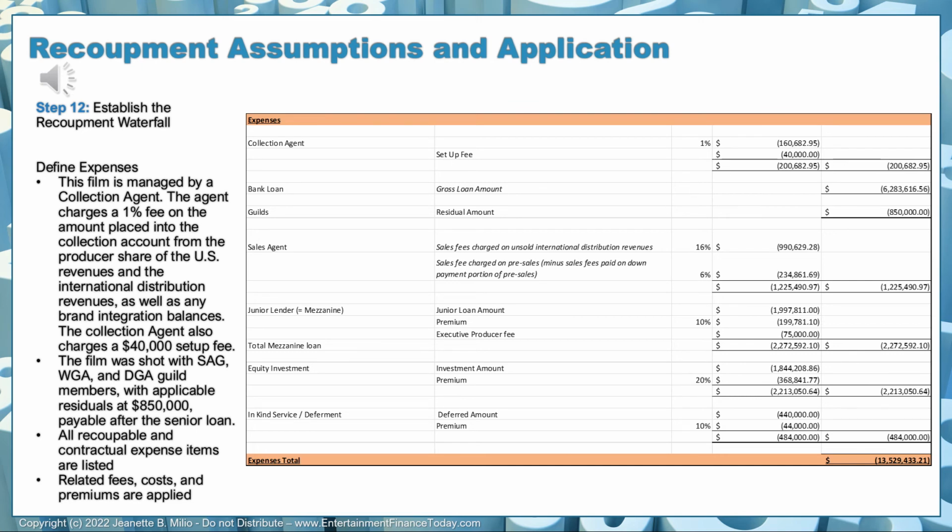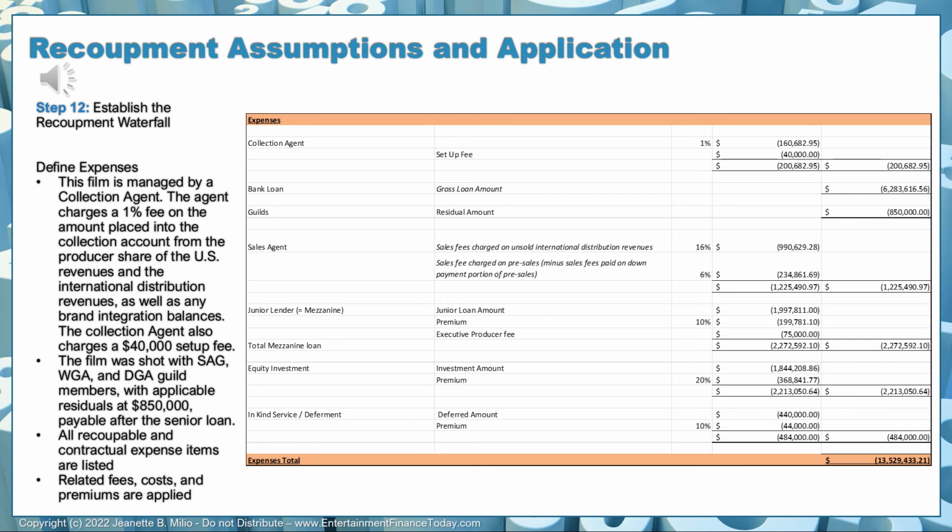They're also charging us a setup fee of 40,000, which gets us to 200,682.95 payable to the collection agent. The bank loan is going to charge its gross loan amount of 6,283,616.56. We have to pay guild residuals of $850,000.